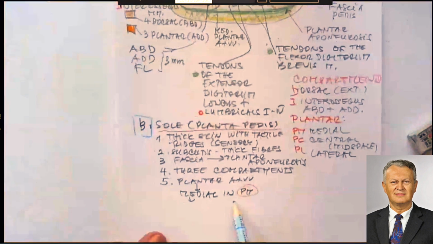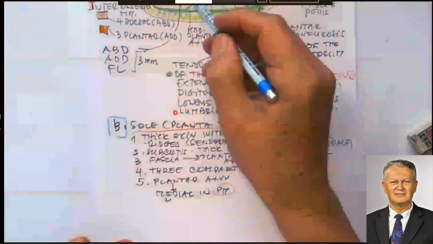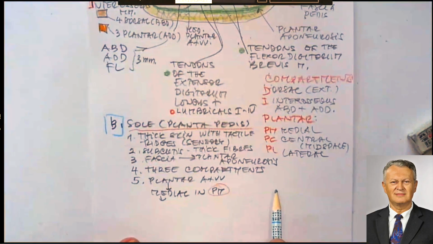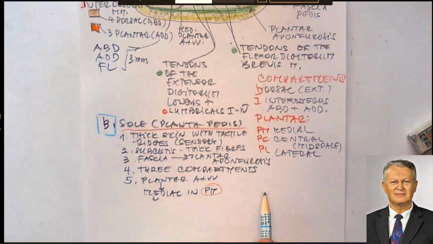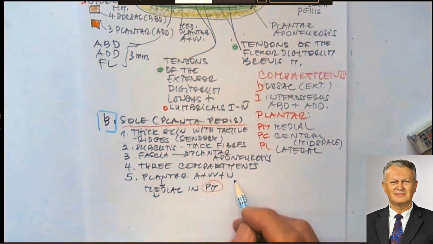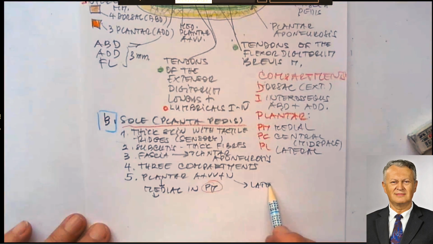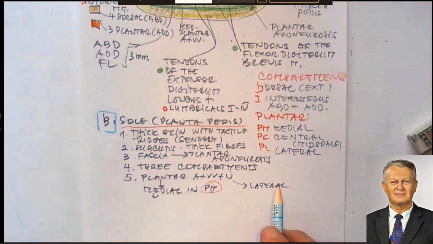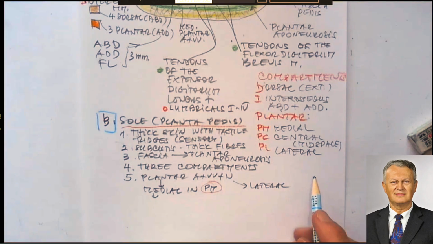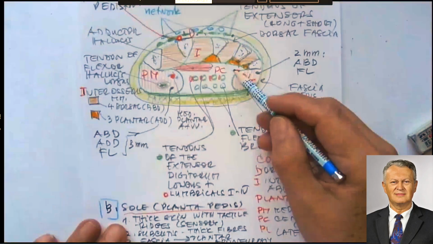So I mean that the medial plantar arteries plus nerves run in the medial plantar compartment, while the lateral vessels are found between the quadratus plantae and flexor digitorum brevis.